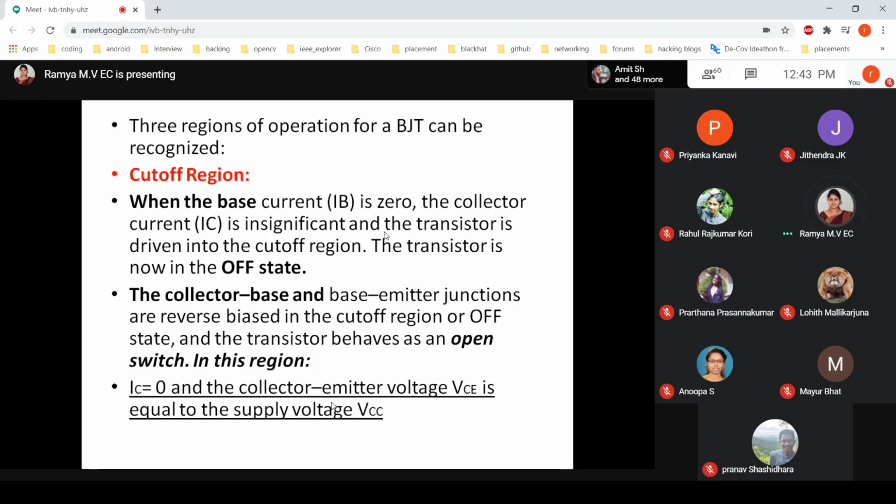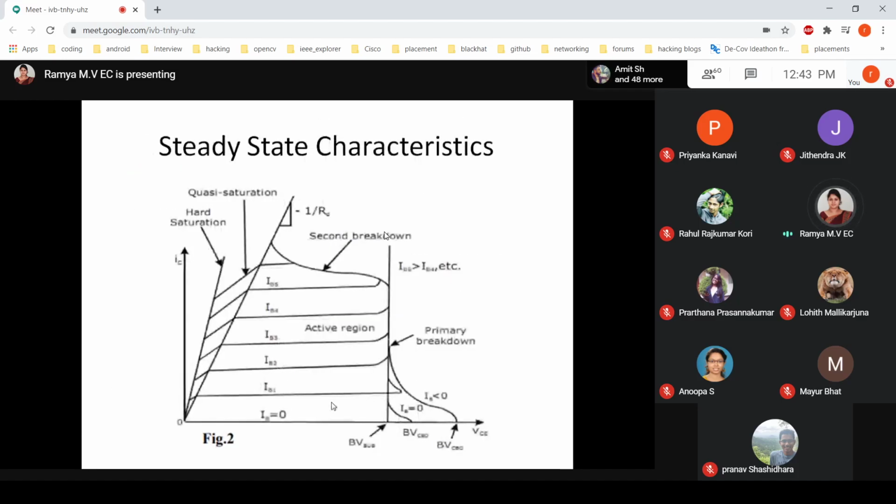There are 3 modes of regions: cutoff region, active region, saturation region. Power BJTs will use only 2 regions, that is cutoff region and saturation region. Power BJTs will not be used for the purpose of amplification; they will never work in the active region.